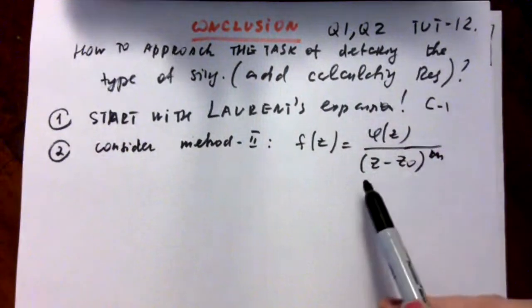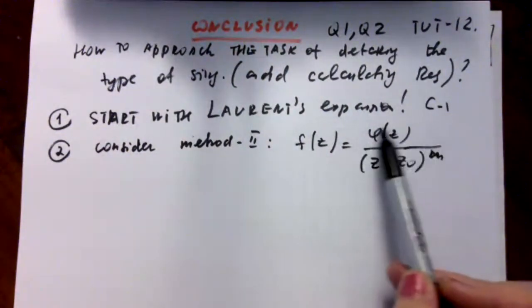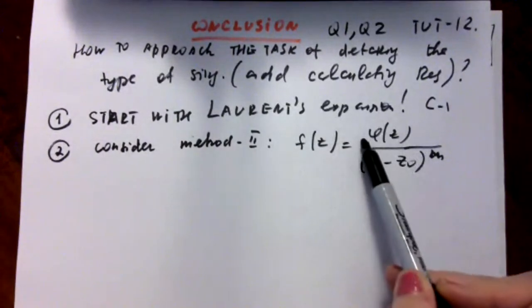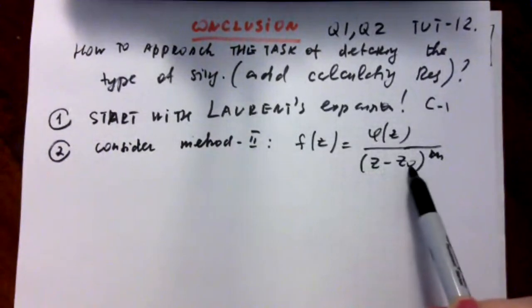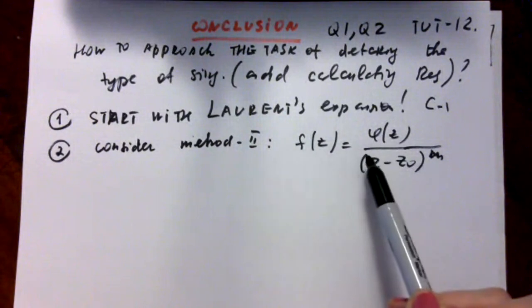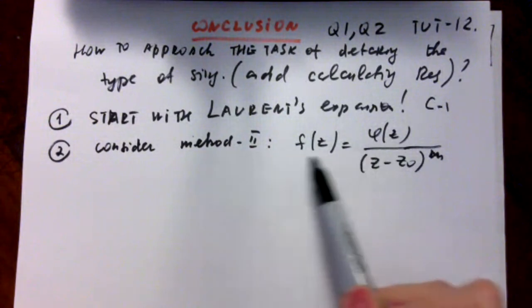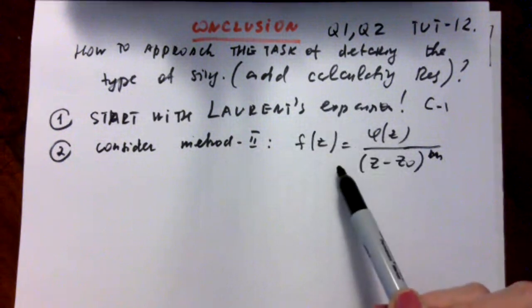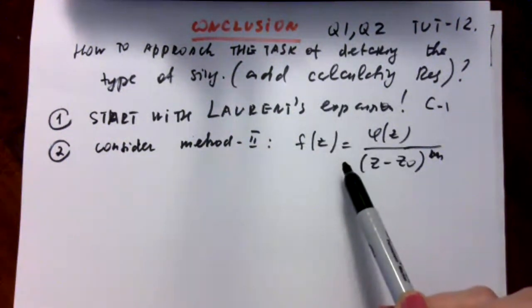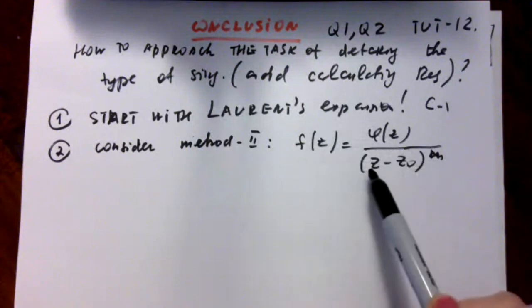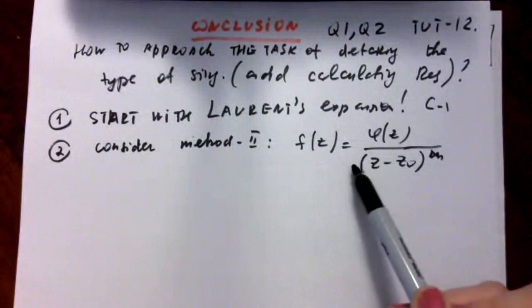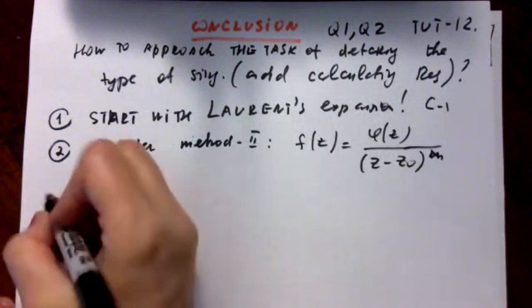If you observe that your function has this special structure, and of course with requirement number 2, that the numerator is not equal to 0 at the point z0, then you are lucky once again. Even though this method is suitable only for poles, poles are quite popular in problems for students. And as for the formula for calculating the residue, I don't think it's terribly more difficult than Laurent's expansion.